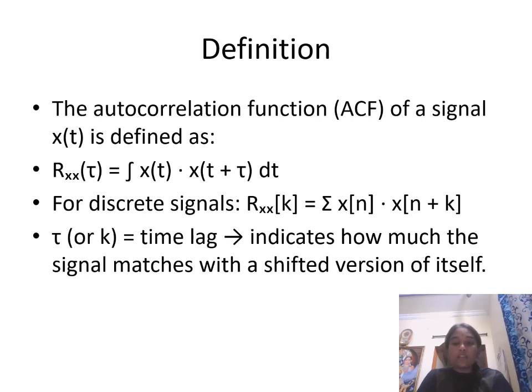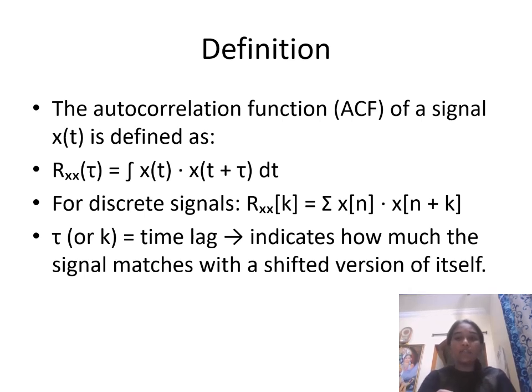For discrete time signals, the formula becomes Rxx of k equals the sum over n from minus infinity to infinity of x of n into x of n plus k. Essentially, the autocorrelation tells us how much the signal at time t and the same signal at time t plus tau are related.